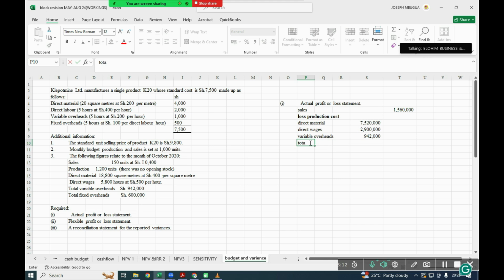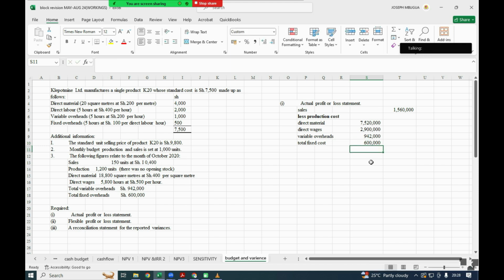I'm just combining all of them. You can decide to go the route of finding the contribution, but in this case, the way they had given us at the beginning, all of them to get the unit cost, so we are using all of them, the 600,000. So that is the production cost that we incurred.